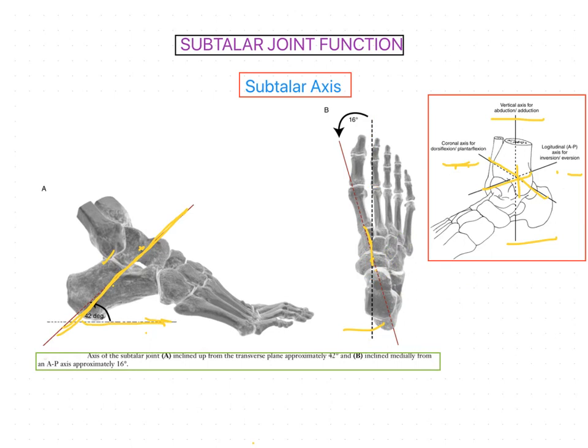It will invert 2 degrees with that of 1 degree of eversion. The point at which the subtalar joint shows such variation in inversion is called subtalar neutral.